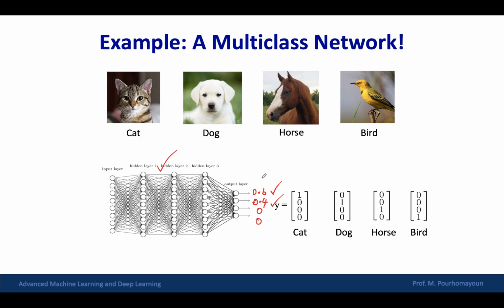It can give us the certainty, the probability, that this object is a cat or dog or whatever. This is another advantage of having several outputs in your neural network or in your classifier. It gives us the certainty of detection. And this is very, very important and useful, and we will talk more about it later.